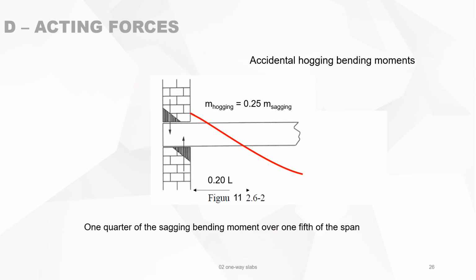It's a little bit hinged, but it has some resistance due to the eccentricity of the reactions. So when you calculate the one-way slab, you should always include a hogging moment of at least 1/4 of the sagging bending moment, the bending moment in the field. And this over a distance of 1/5 of the span.